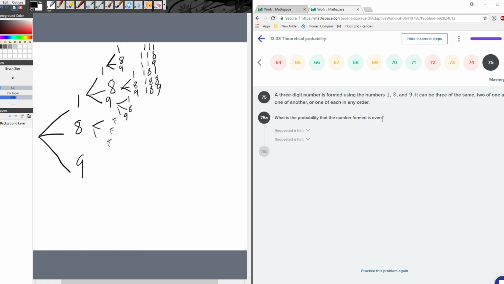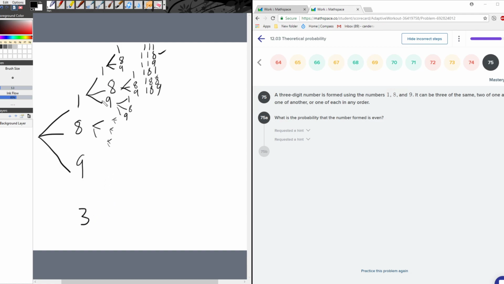You then need to find how many numbers are even. So you can see there's 1 here. But you're going to need to find all the different numbers. Now there's a quick little trick you can do to find out how many things there are in total. So if we're making a 3-digit number, that means the first number we had a choice of 3 different things.